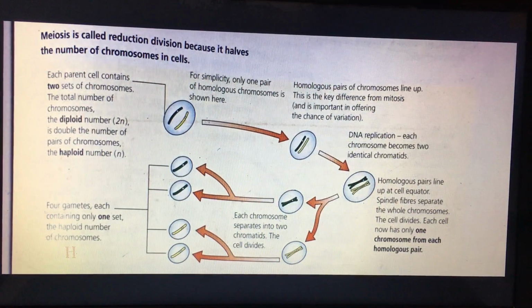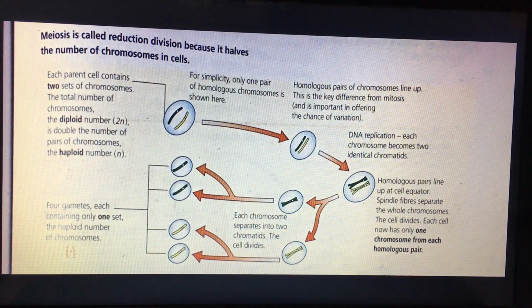In this diagram, we have meiosis, and sometimes we call it reduction division. Actually, we call it reduction division because it halves the number of chromosomes in cells. So, reduction means decreasing the number of chromosomes.